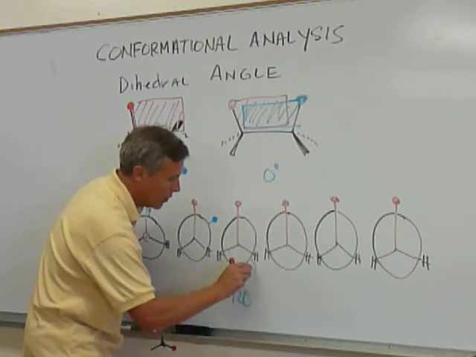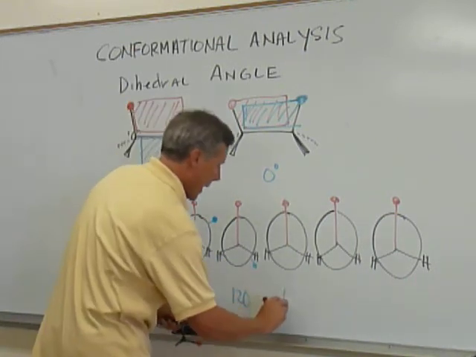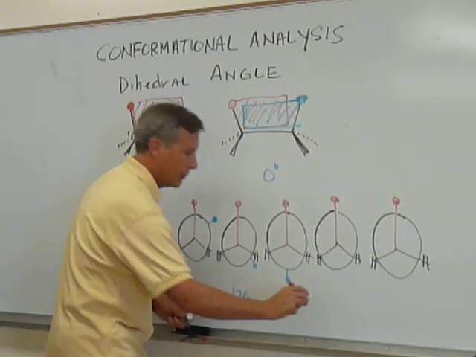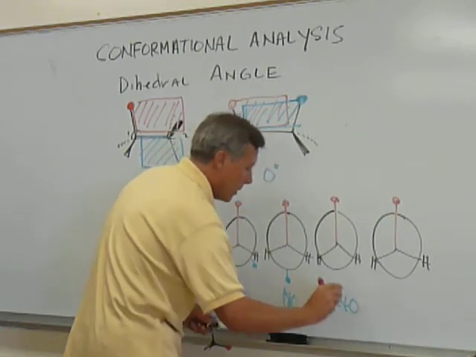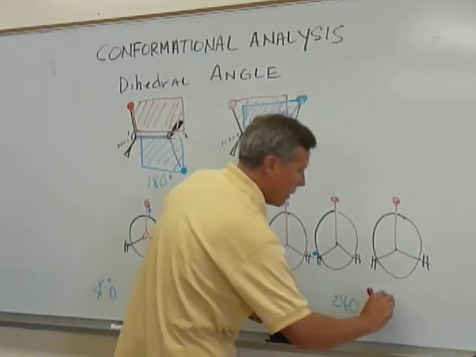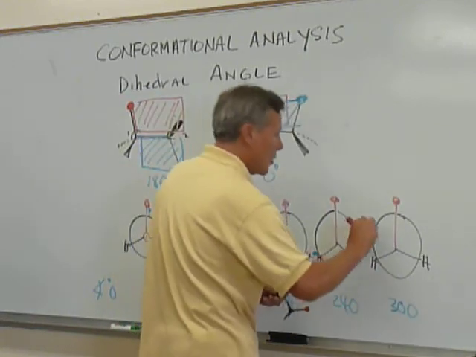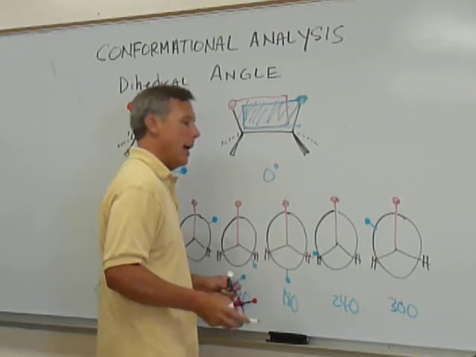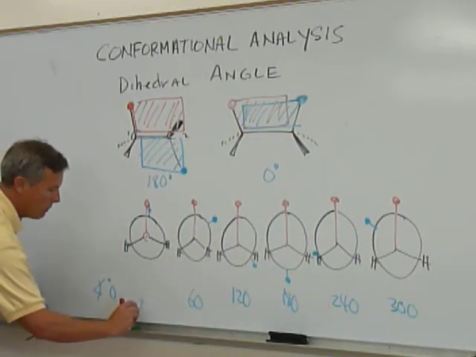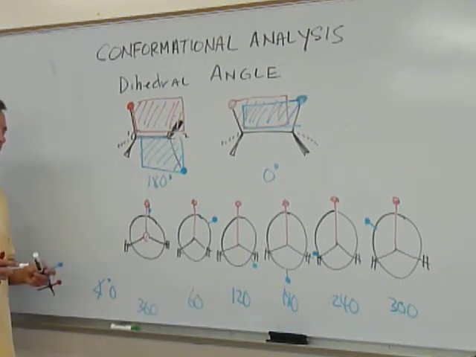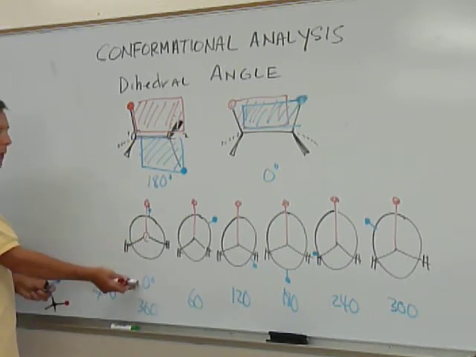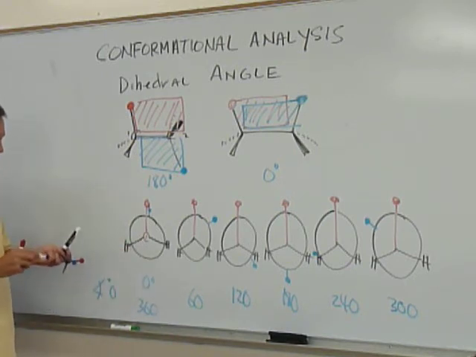That puts the blue hydrogen here. 180 degrees rotation puts the blue hydrogen here. 240 puts the blue hydrogen here. 300 degrees rotation puts the blue hydrogen here. And 360, which I don't have drawn, takes us back to the beginning. So again, our dihedral angle of 0 and 360 are one and the same.